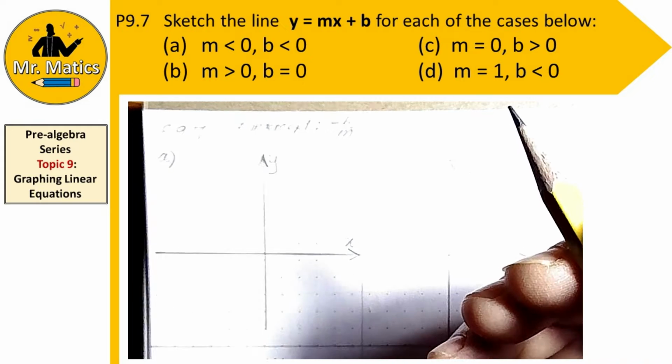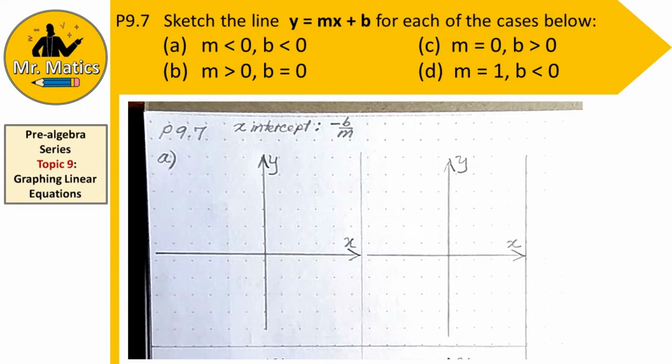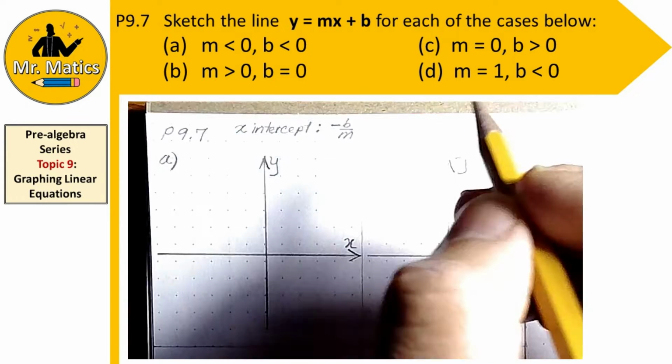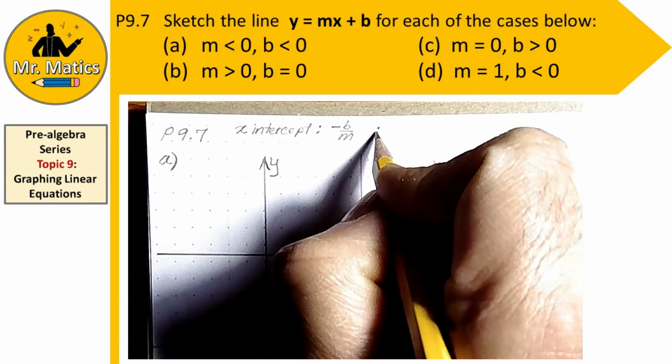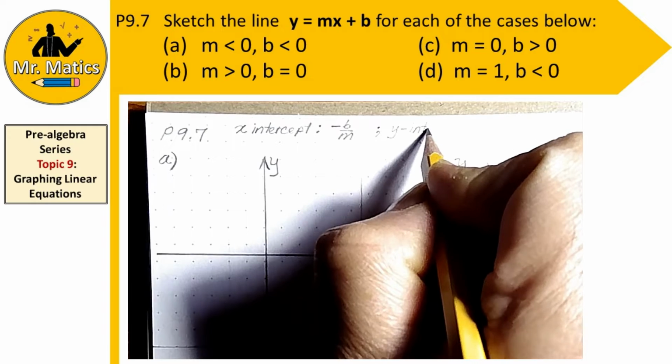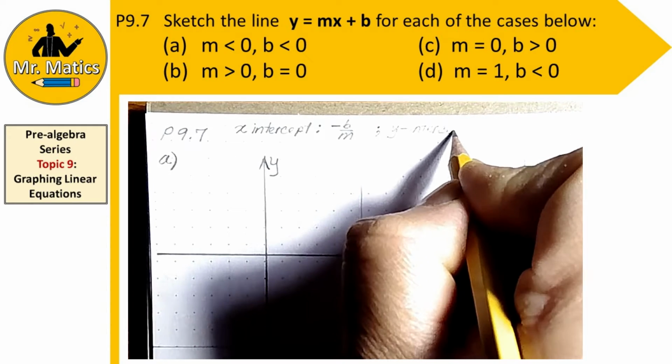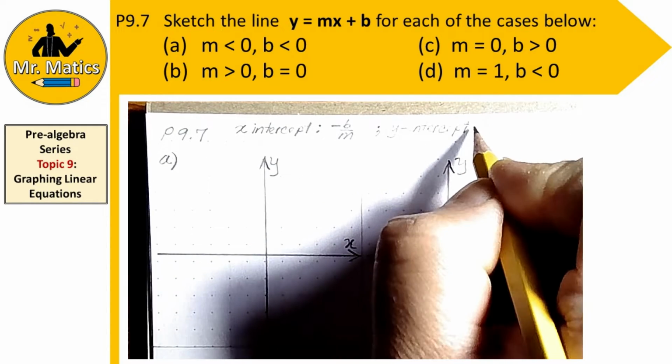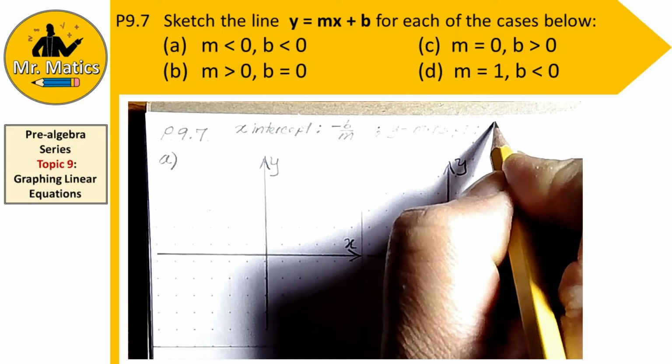If you go to the previous solutions, you should see that. And y-intercept, which is just b.